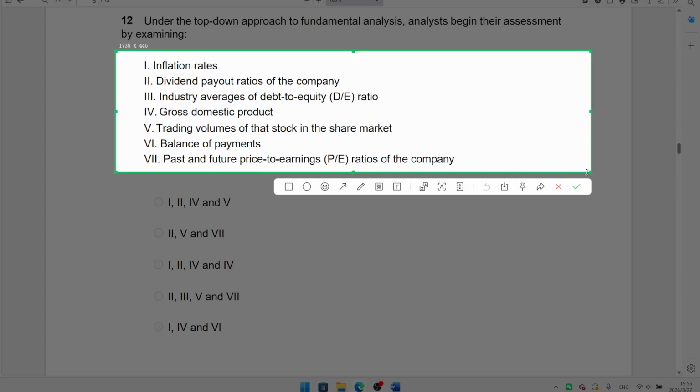So we can just look at trading volume of stock in the share market, and this 5 and 6. 6 is the balance of payments. 2 is the dividend payout ratio of the company. 1, 2, 4, 1, 4. Dividend payout rate.